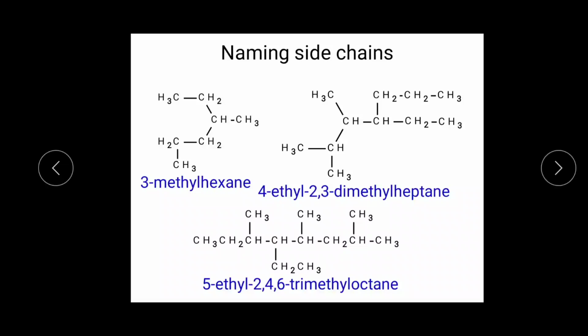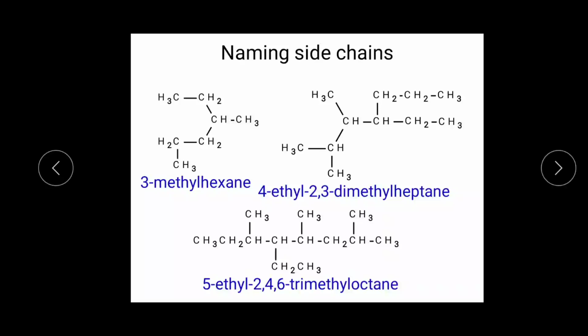So we have here a methyl located on the right side. It is the nearest, on the right side. This is 1, 2, 3, 4, 5, 6, 7, 8.